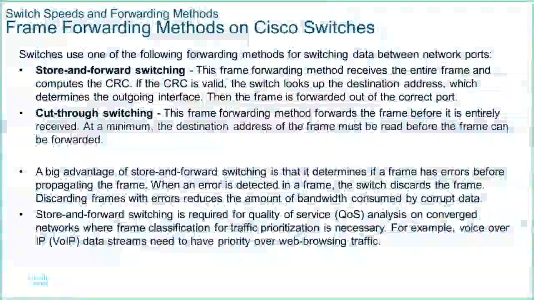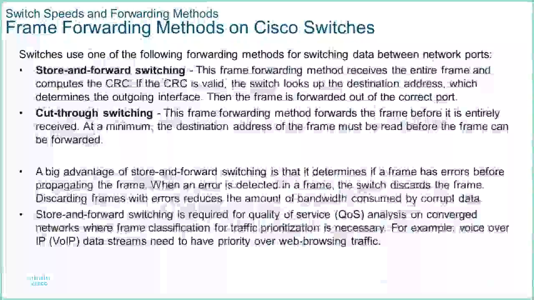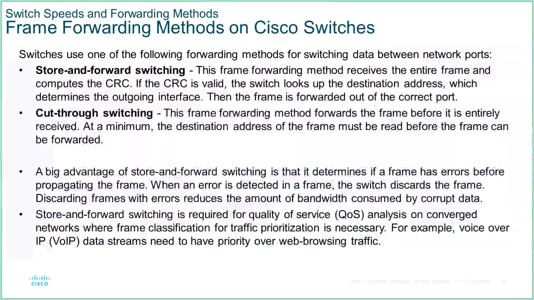Two methods of forwarding are store and forward, or cut through. Store and forward means it will store the entire frame, do the CRC check, make sure the frame is valid, and then make a forwarding decision on the entire frame. Whereas cut through waits essentially for 64 bytes to make sure it's got the header information and it's not a collision frame or fragment, and then will forward based on the partial header that the 64 bytes gives it.